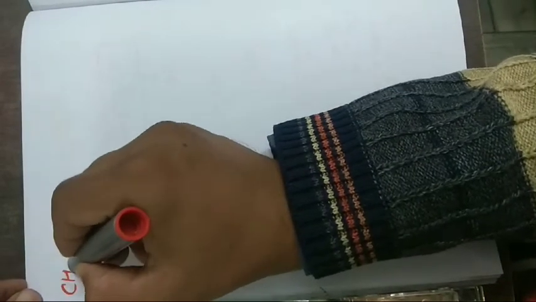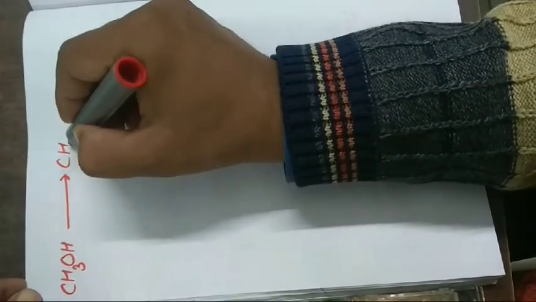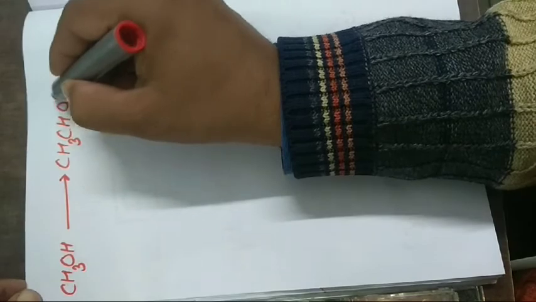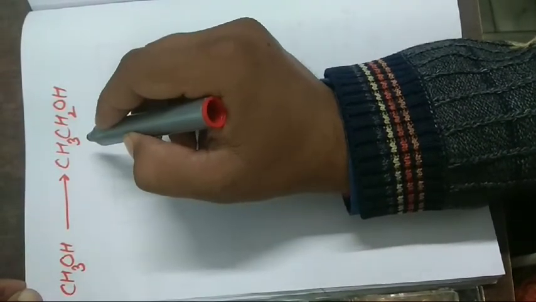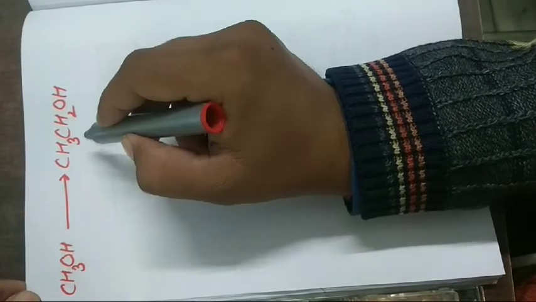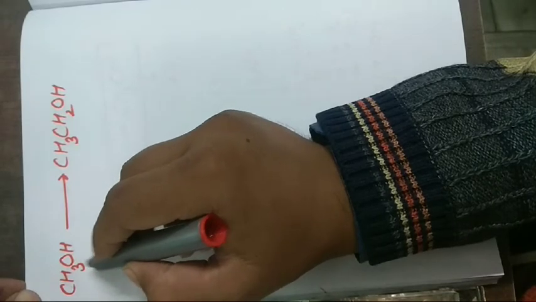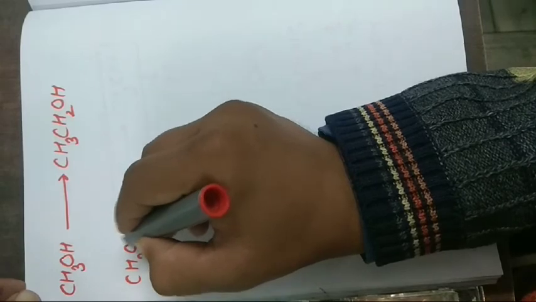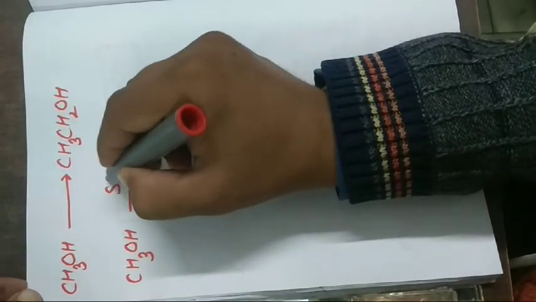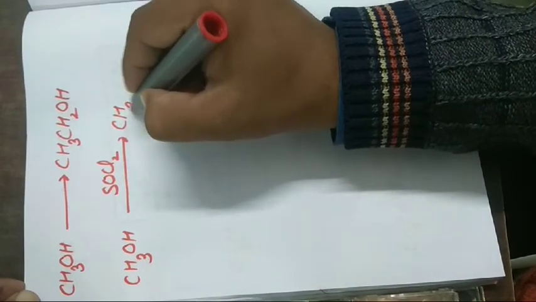I am giving you another example. In this example, I will convert CH3OH into CH3CH2OH. That is another example in which the number of carbons increases by one and both compounds are of the same family. So what was our idea? First of all, we convert it into an alkyl halide. CH3OH when reacted with SOCl2 gets converted into the alkyl halide CH3Cl.